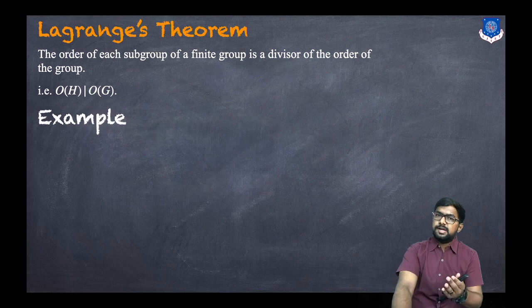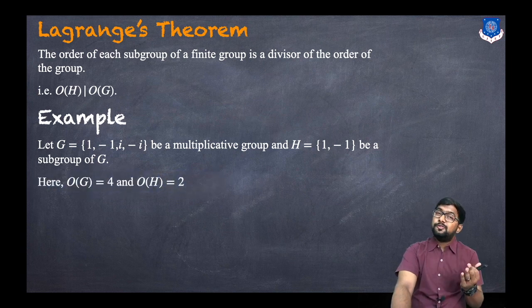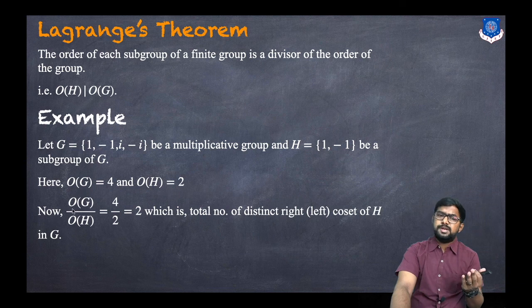Let us discuss an example. Let G equal {1, -1, i, -i} be a multiplicative group, and H = {1, -1} be a subgroup of G, right? So here the order of G, that means how many elements are there, is 4. And the order of H is 2. So it is obvious that order of G divided by order of H is 4 by 2 equals 2.